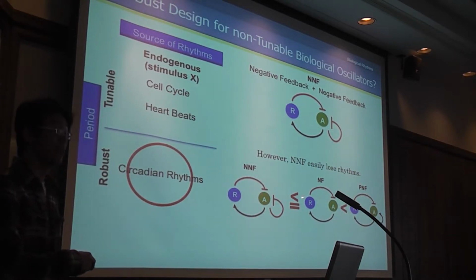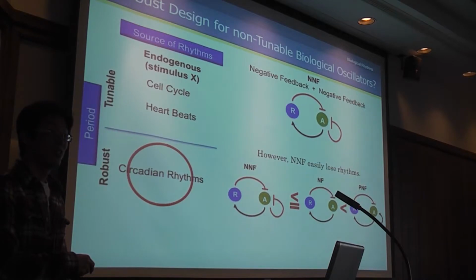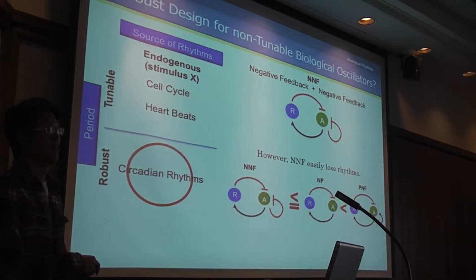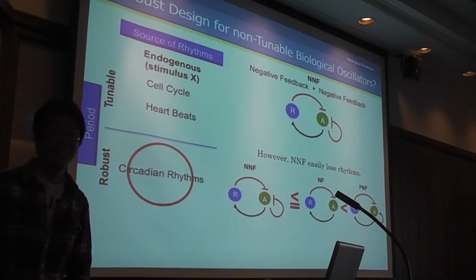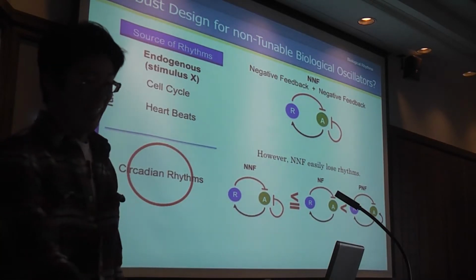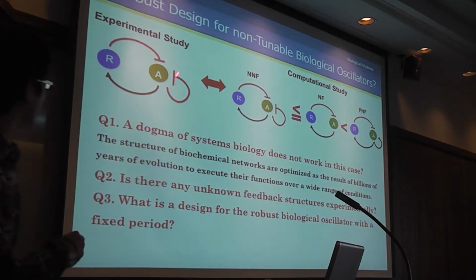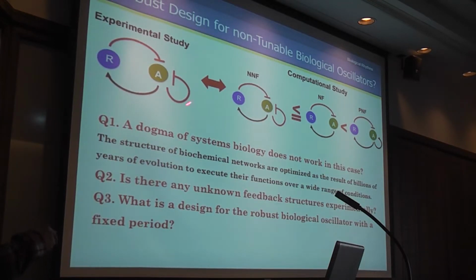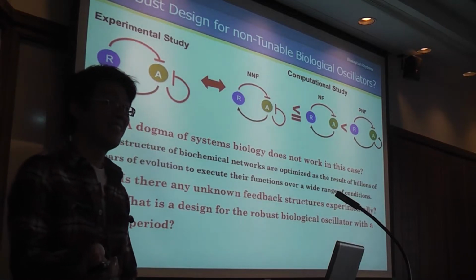You really easily lose rhythms. That means a single negative feedback loop is much better than this double negative feedback loop structure. This is really not good news, because experimental studies claim that the circadian clock has this double negative feedback loop structure, but computational studies claim that this double negative structure is bad.